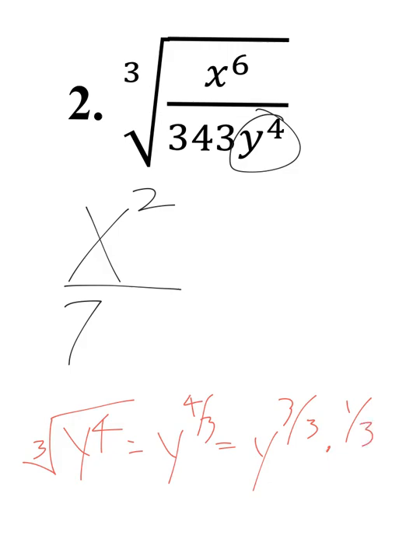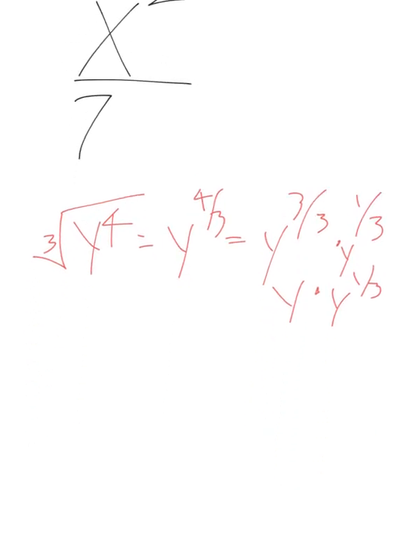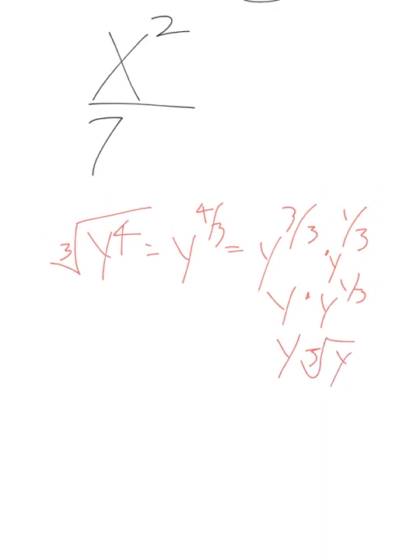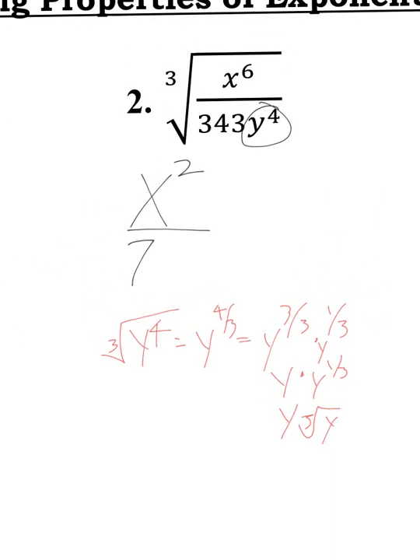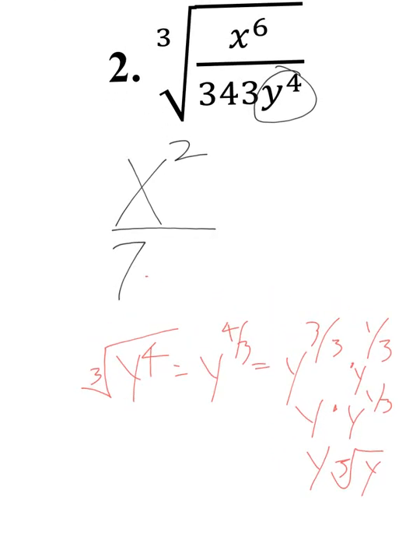And that means y times y to the 1/3, which I forgot to write right there. There we go. And so that is the same thing as saying y times the third root of y. Okay, so that goes right here, y times the third root of y.